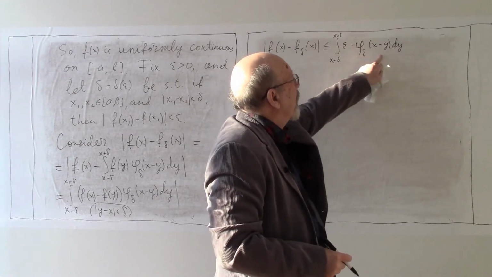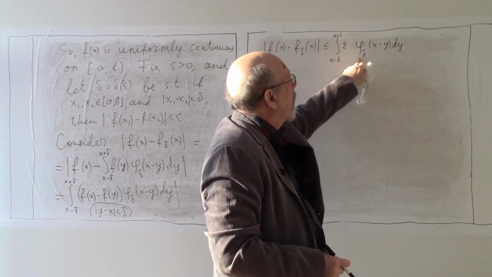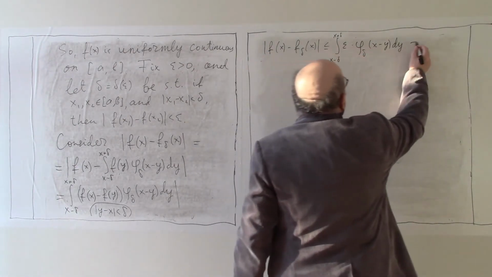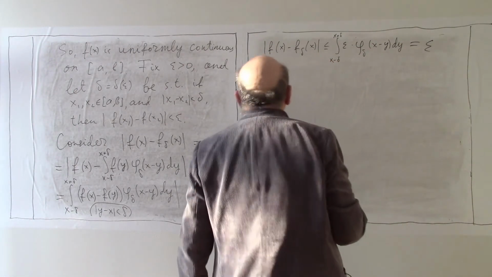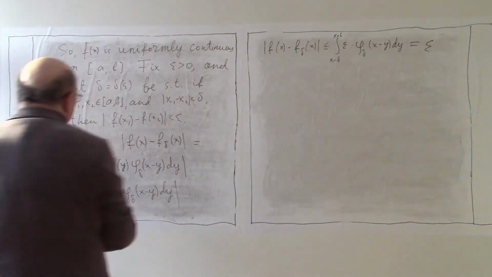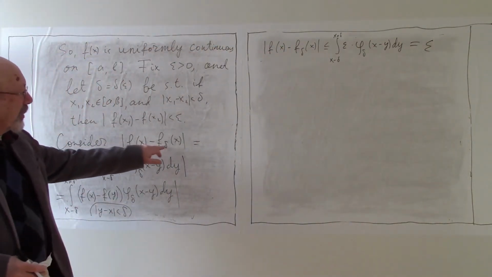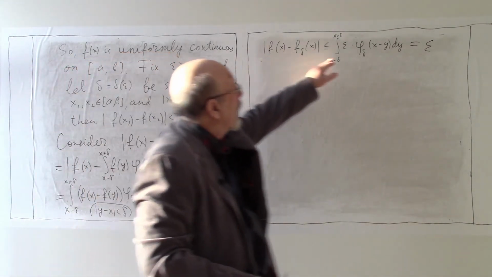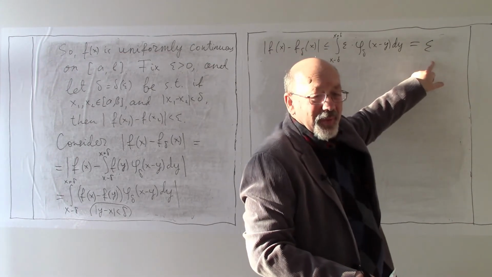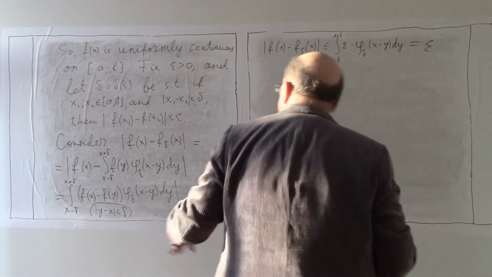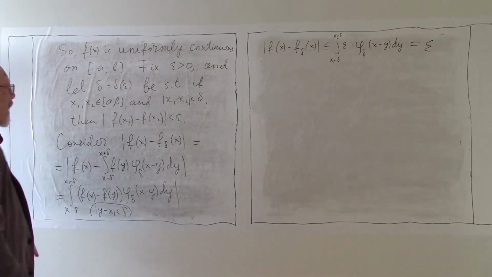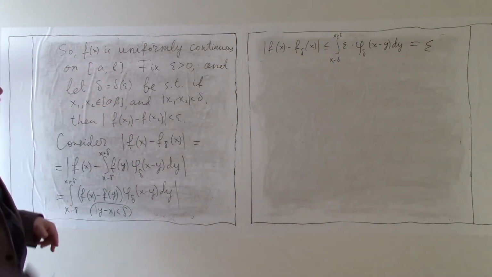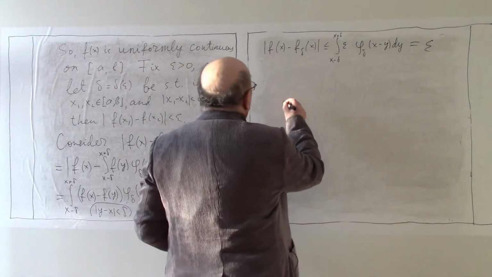The integral of phi_delta(x minus y) is 1, so what remains is epsilon. So if you go along this whole chain, f(x) minus f_delta(x) is less than epsilon. Yes? So if delta is what is written here, let me draw a picture.